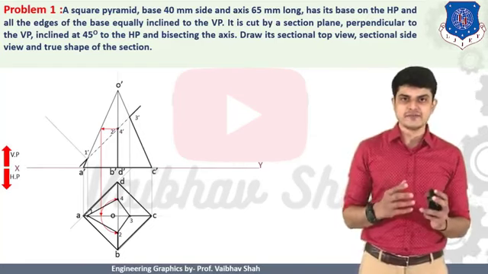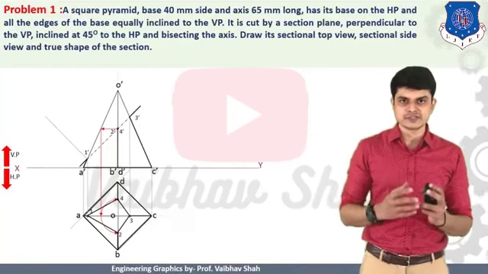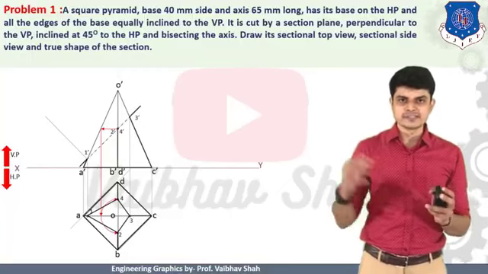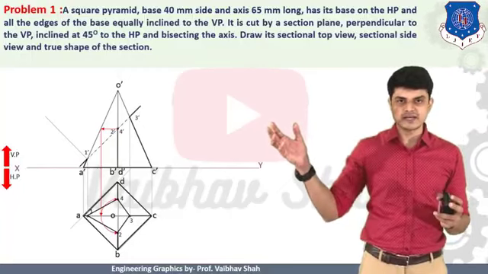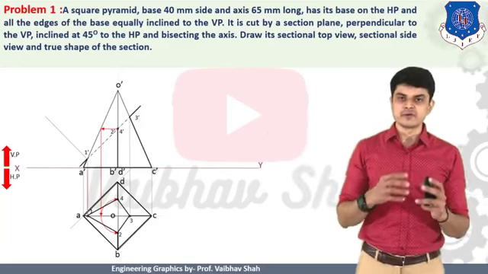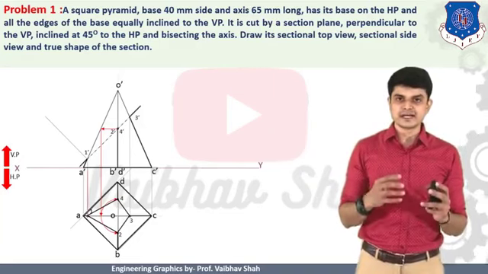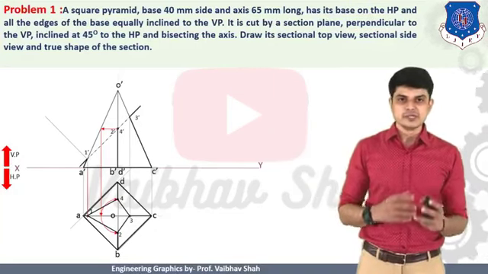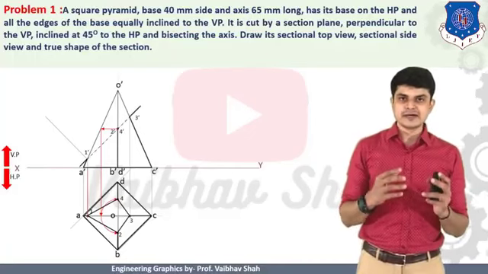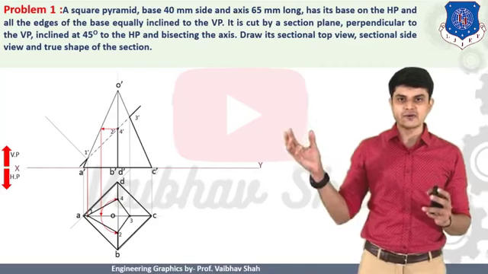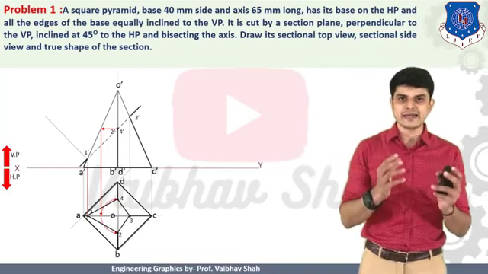Now what should we do? We need to identify the true shape of the section for point number 1. So let us suppose this cutting plane line is now your XY line. After drawing the perpendicular line from your 1 dash point, you should mark the very first point of the true shape of the section on that line. So now take out your rounder and let us assume this inclined line, your cutting plane line, as your XY line.